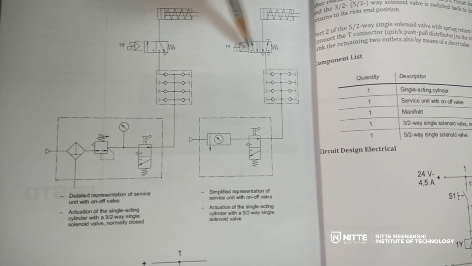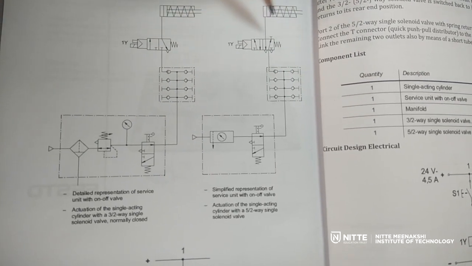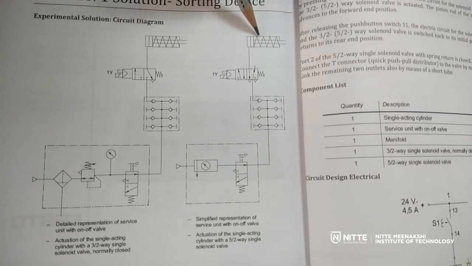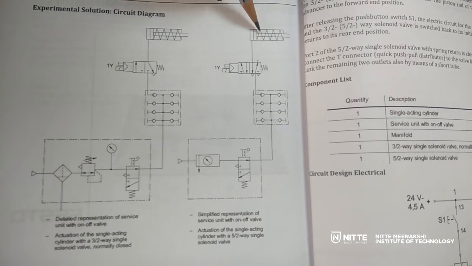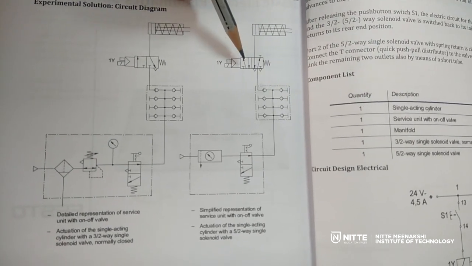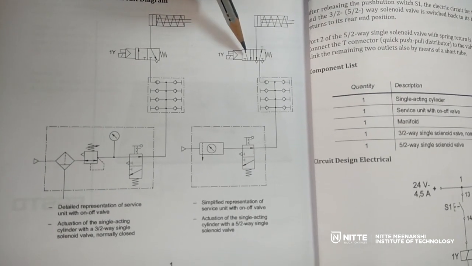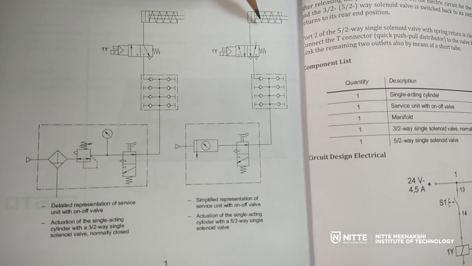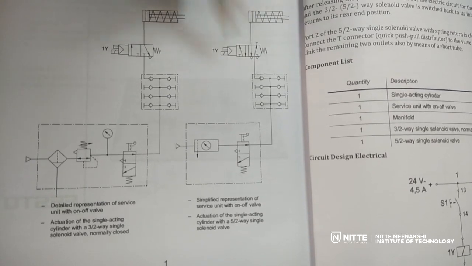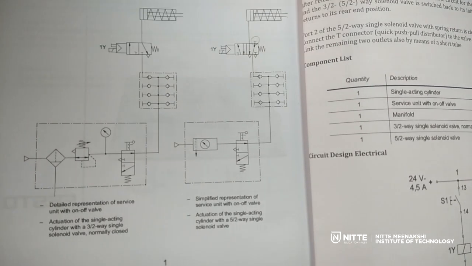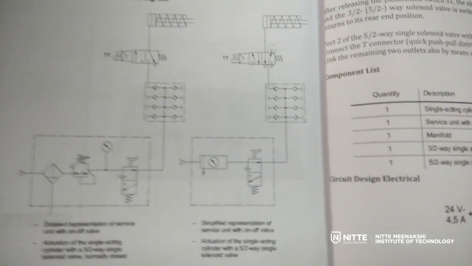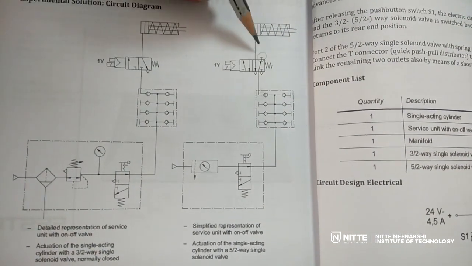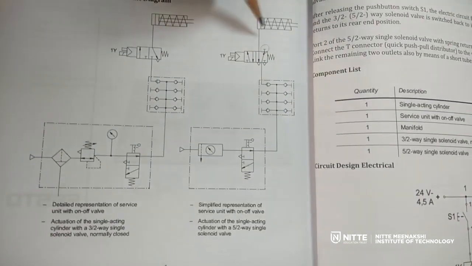But since 5x2 direction control valves are basically used for operating double acting cylinders, whereas here what we have in front of us is a single acting cylinder, we need to convert this 5x2 solenoid operated direction control valve to a 3x2 direction control valve. How to do this? Basically we will be blocking one of the ports. You can see here one of the ports is blocked. We will see how to do this practically in the demonstration.